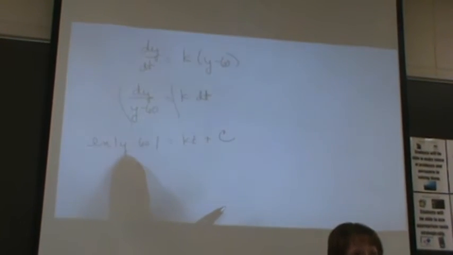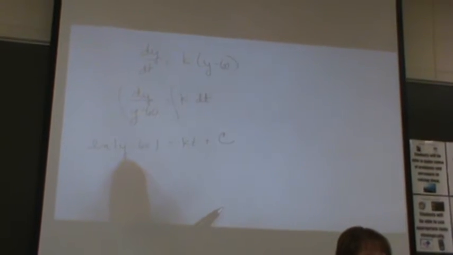Then we'll integrate each side. So we'll have the ln of the absolute value of y minus 60 is equal to kt plus c. Since y is going to be greater than 60, we don't really need to worry about the absolute values from this point on, right? Because if the surrounding temperature is 60, it can't go below 60, can it? It's not going to cool below the temperature of the area that's around it.